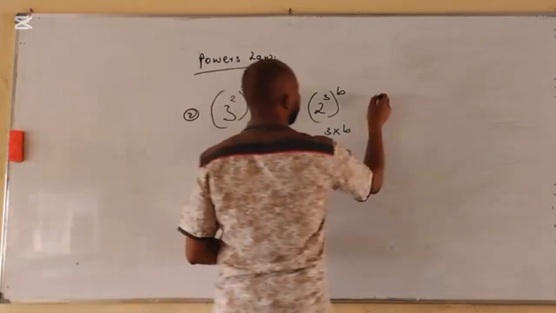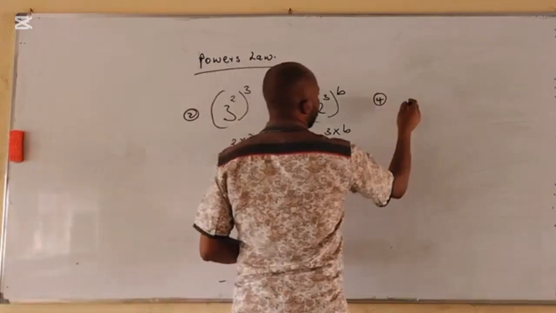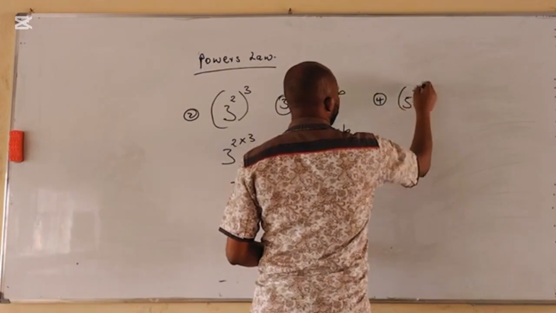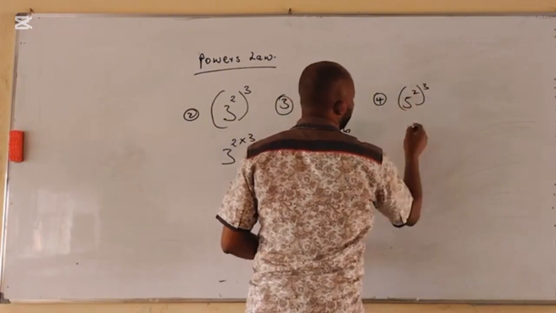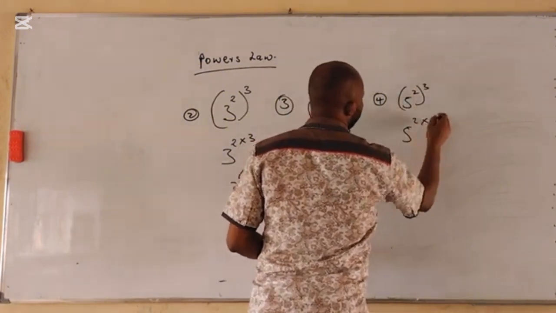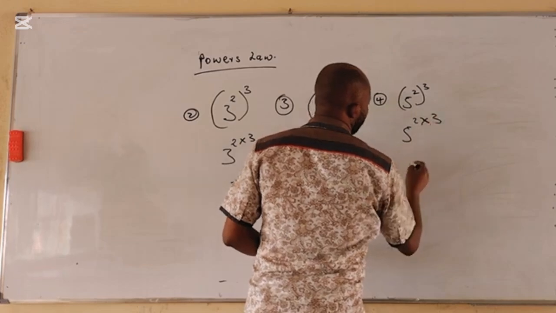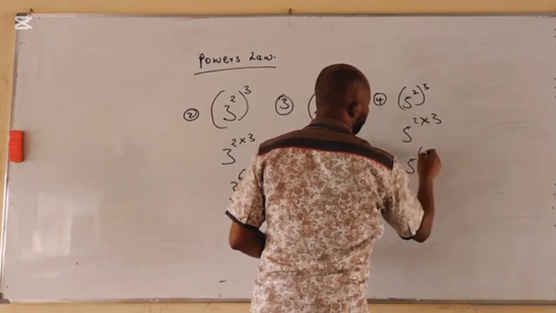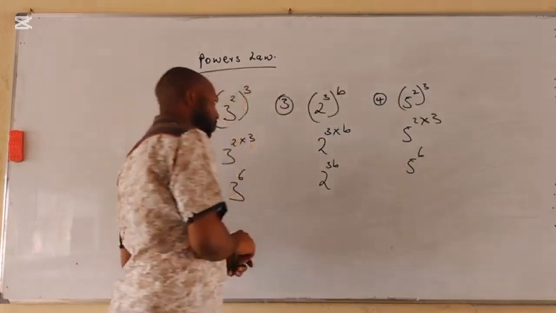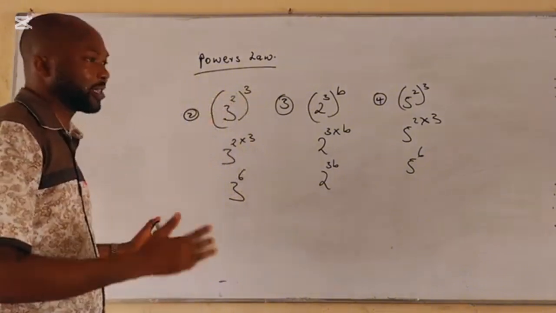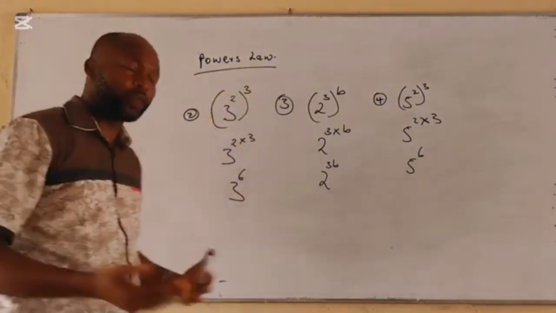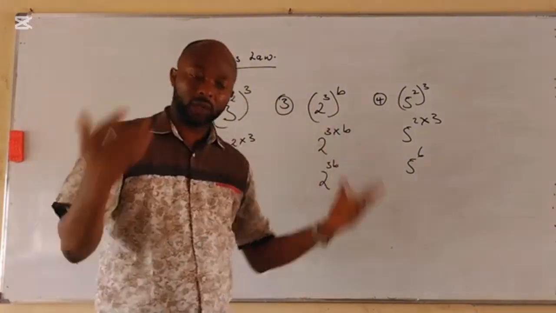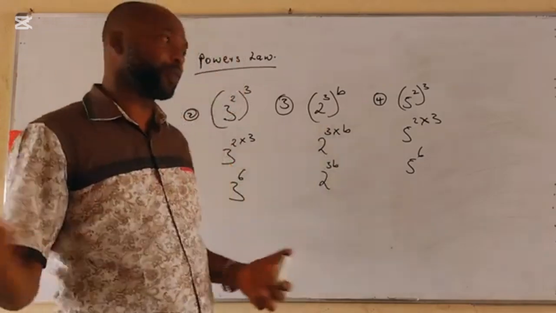Even if we take example 4, 5 raised to the power 2, raised to the power 3. This is 5 raised to the power 2 times 3, which is 5 raised to the power 6. So we move on. These are the basic examples. We can do this on and on, so we can get a lot of examples.